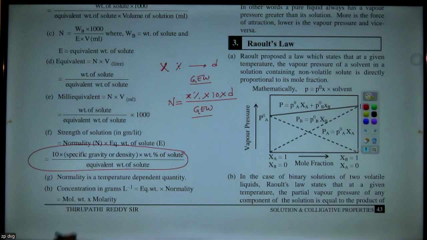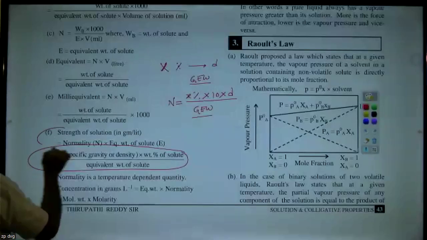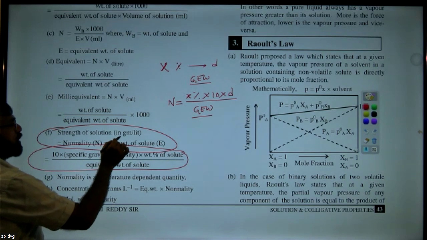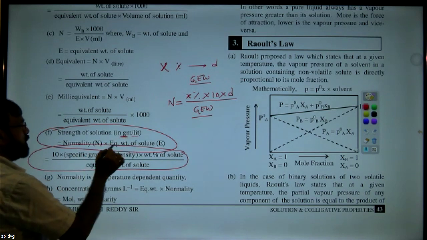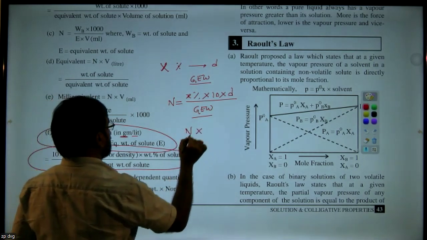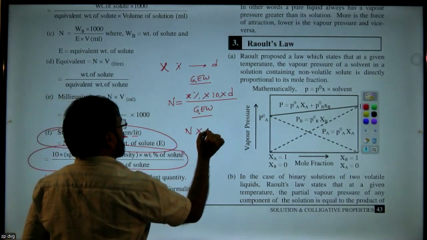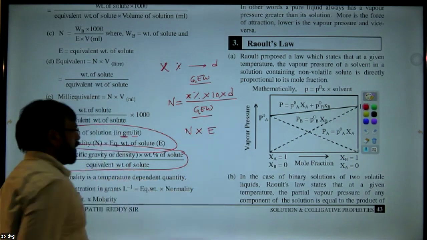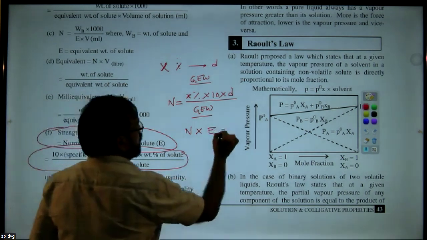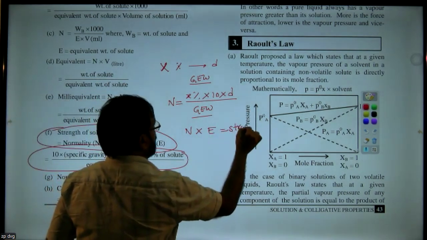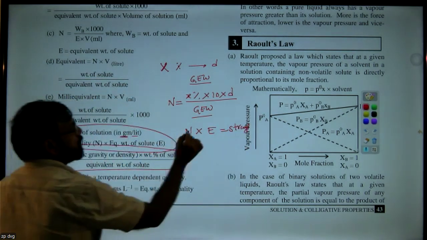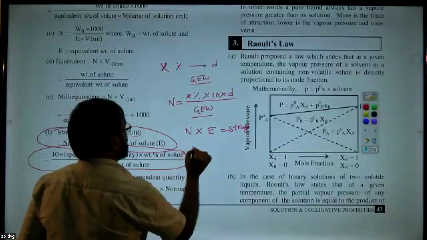And strength of solution, if you want to express, this is the formula we are using. Strength of solution in gram per liter is normality into gram equivalent weight of solute. How?